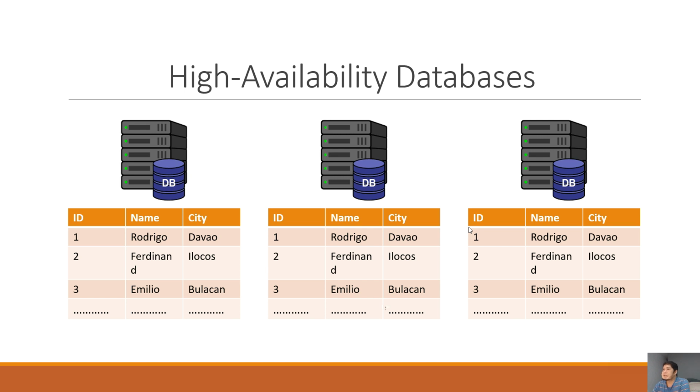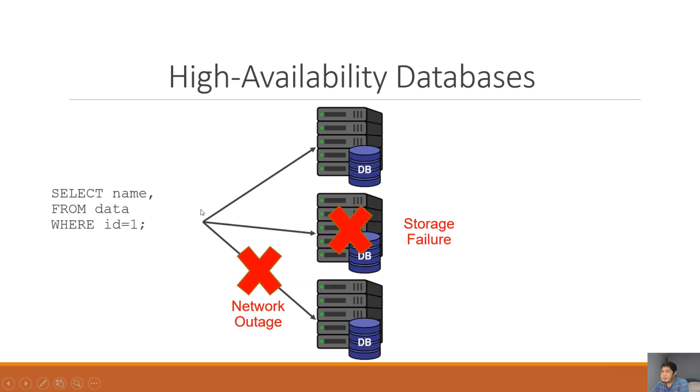Now suppose the master database fails, and the second node also fails due to a storage failure, and the third one also fails due to network usage. The transaction can still be completed because one is still available.